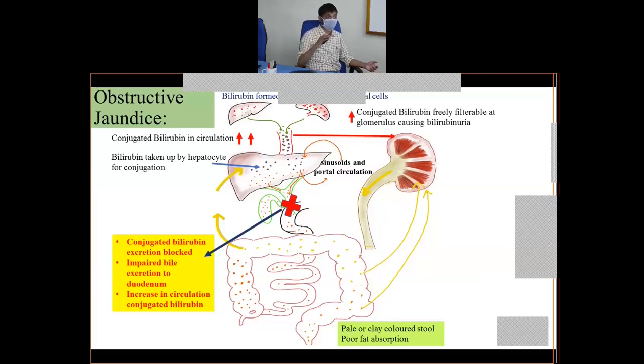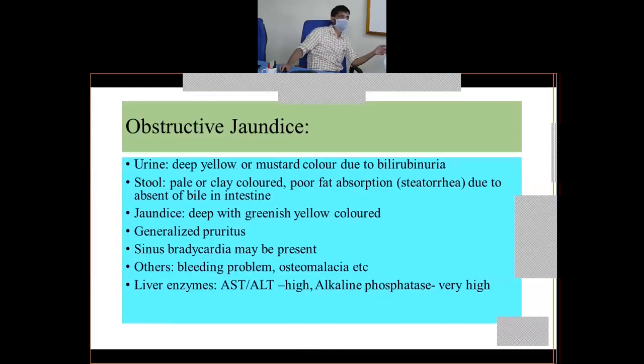At the same time, as bilirubin is not excreted into the large intestine, you will get pale or clay colored stool. And as bile acid is needed for fat absorption, there will be poor fat absorption, so you will get increased fat particles in the stool, and the stool will be pale or clay colored. So the clinical presentation will be urine dark yellow or mustard color due to hyperbilirubinemia.